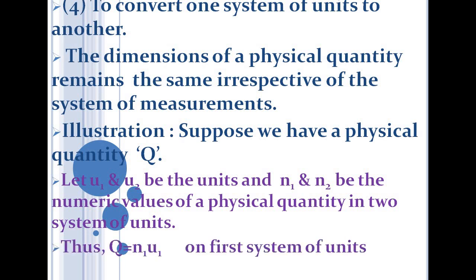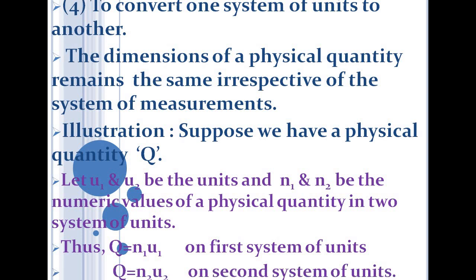the physical quantity Q equals n1 into u1, numerical value times unit for the first system of units. Similarly, in the second system we can write Q equals n2 into u2, numerical value times unit.